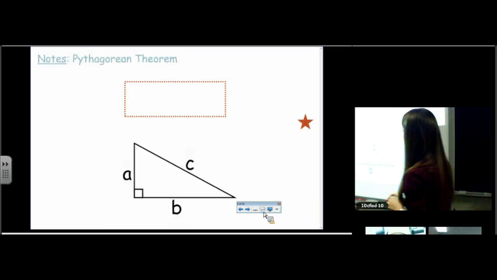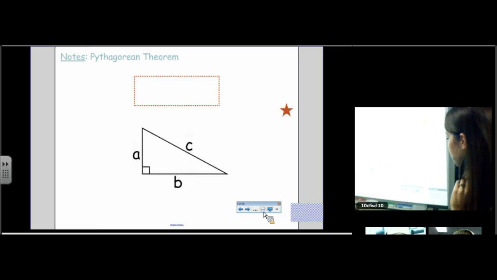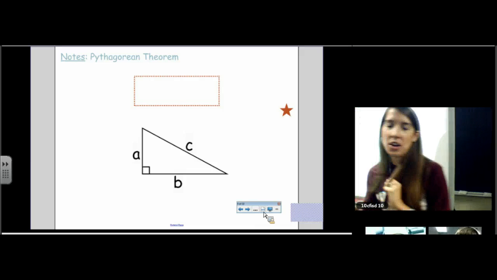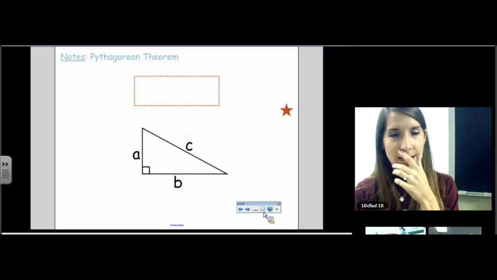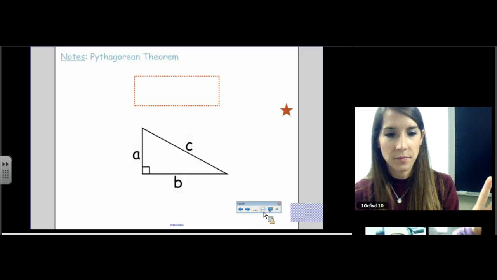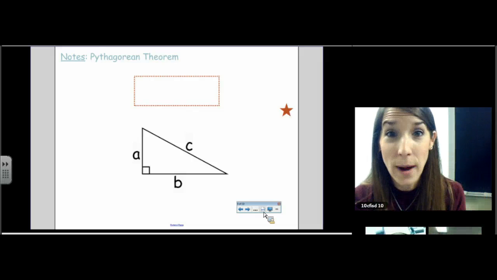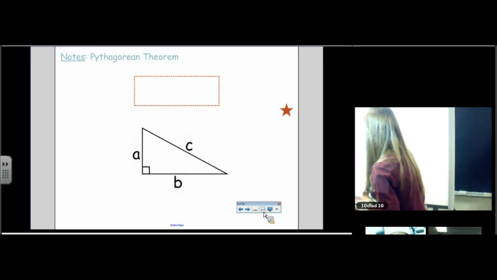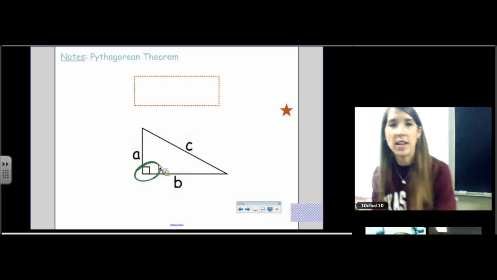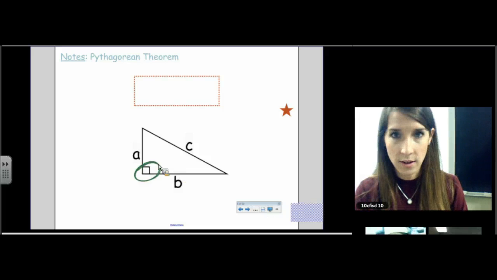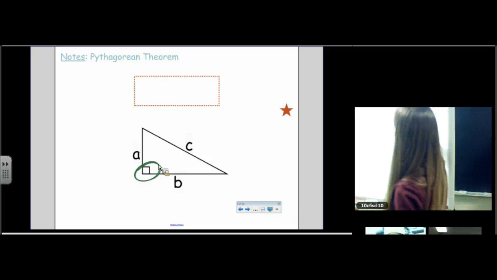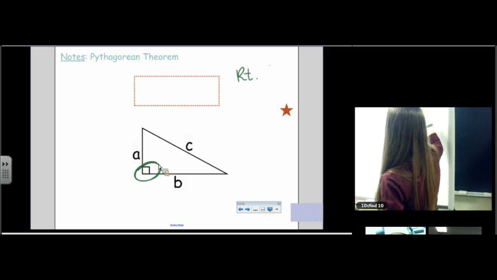So what does Pythagorean theorem say? It says, first of all, you have to have a right triangle, right? So if it's not a right triangle, then don't you dare use Pythagorean theorem. It works only on right triangles.